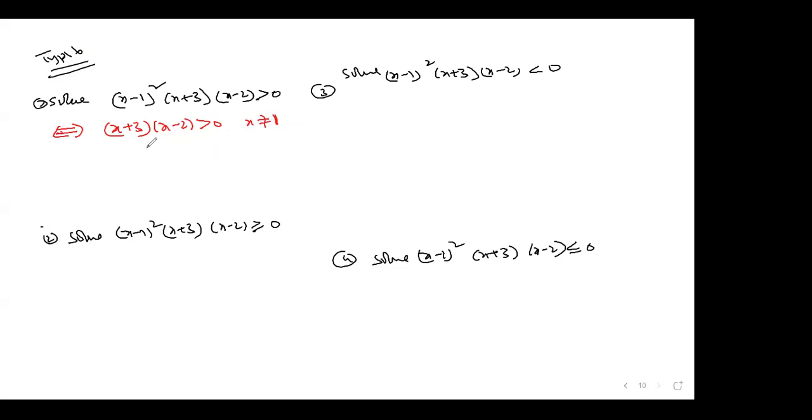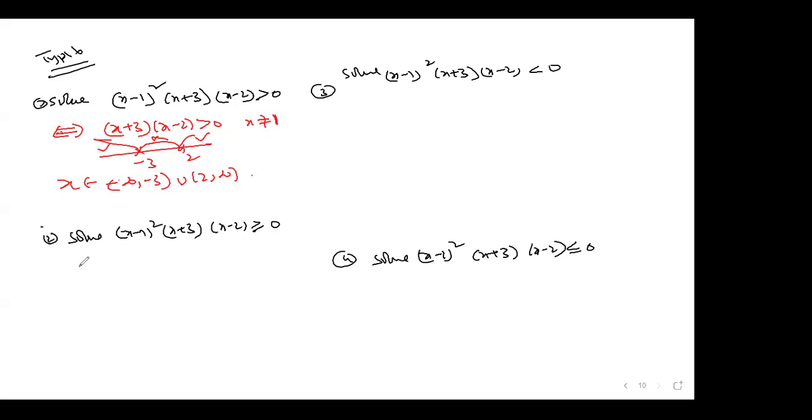On the number line, we write minus 3 and 2. So your answer is minus infinity to minus 3, open, union 2 to infinity. 1 is not there, so our answer is correct.